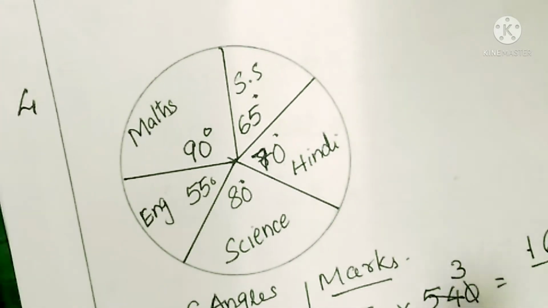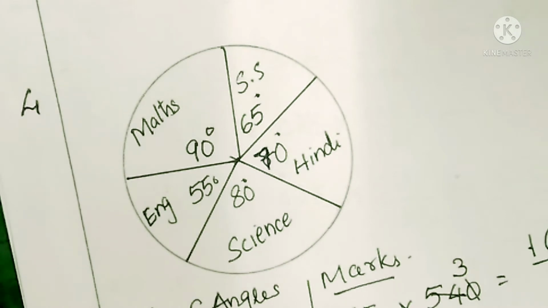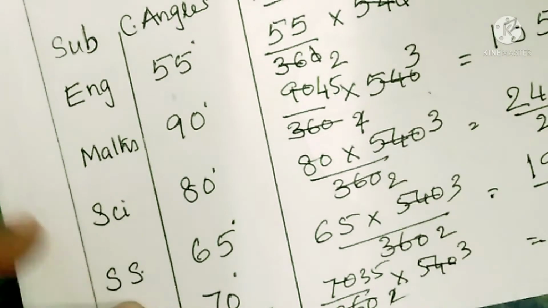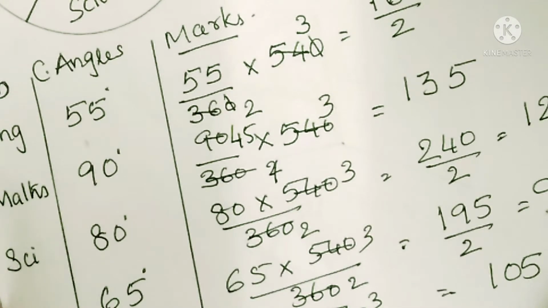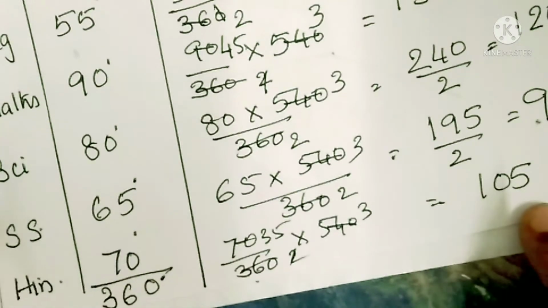The first question is, in which subject did the student score 105 marks? See, once you have marked all these marks here, it is easy to find out in which subject the child got 105 marks. In Hindi.